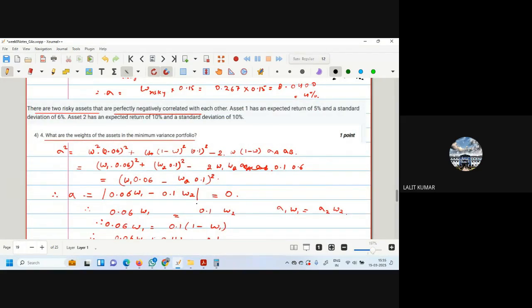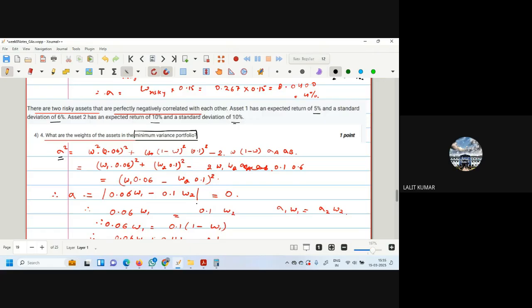There are two risky assets that are perfectly negatively correlated with each other. Asset one has an expected return of 5% and standard deviation of 6%, and asset two has 10% and standard deviation of 10%. What are the weights of the assets in the minimum variance portfolio? In the minimum variance portfolio, we have to find the W star for the minimum variance. We put the same formula: W squared into 0.06 squared plus 1 minus W squared into 0.1 squared, minus 2 into W into 1 minus W into sigma AB.